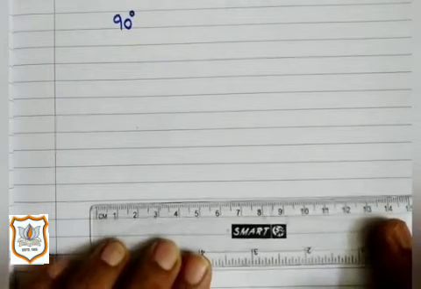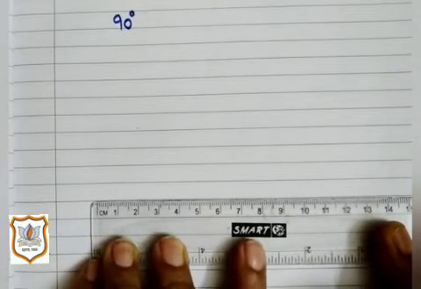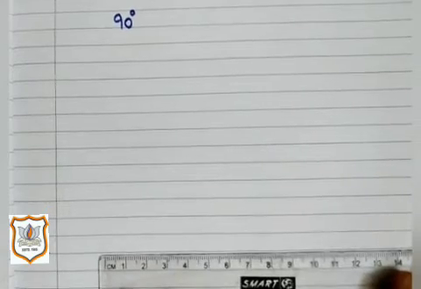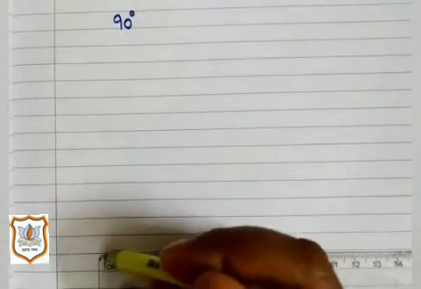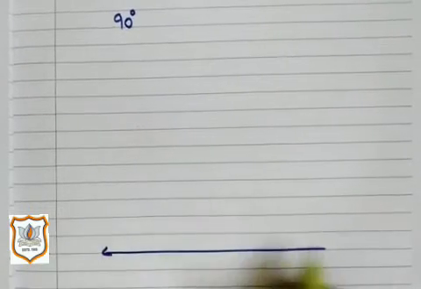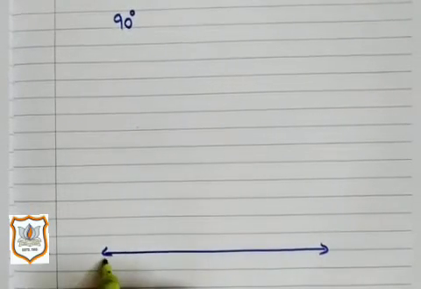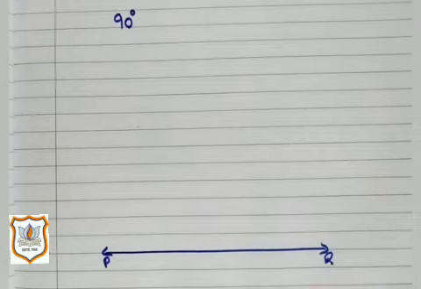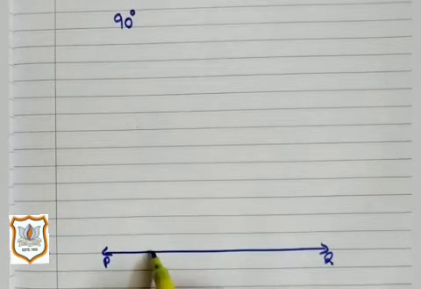Now we will construct a 90 degree angle. First we will draw a line without any measurement. This is line PQ. This is P and this is Q. Take point O on it.